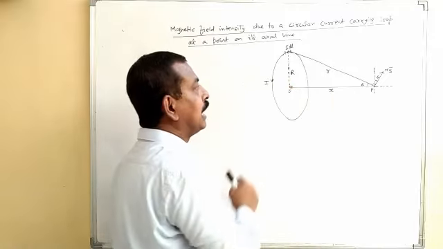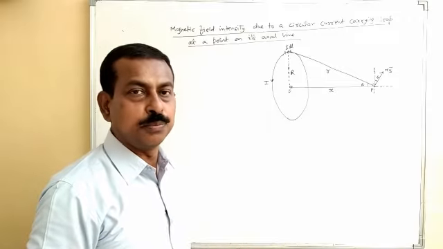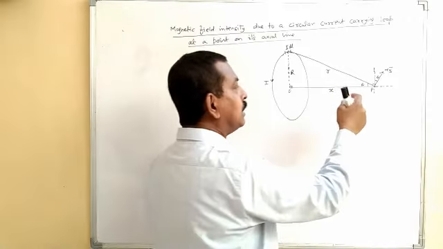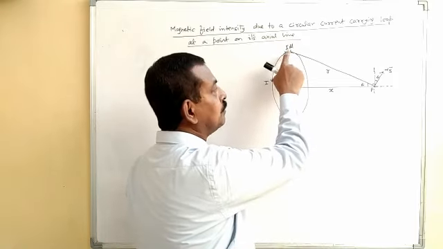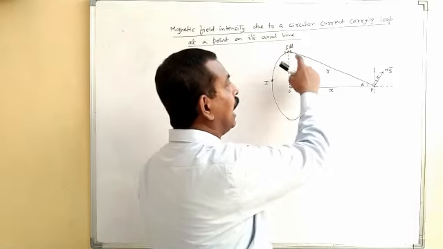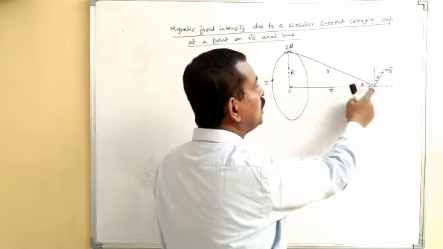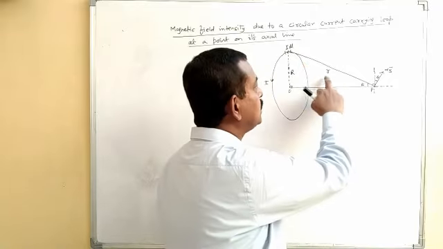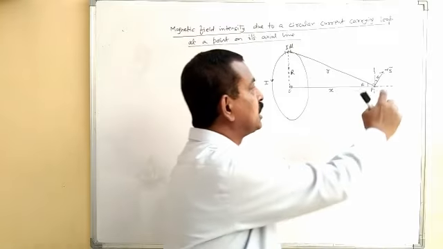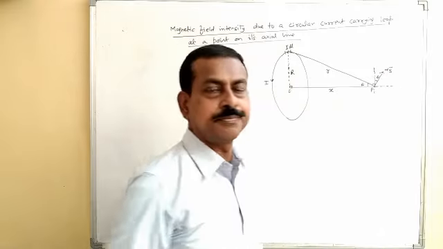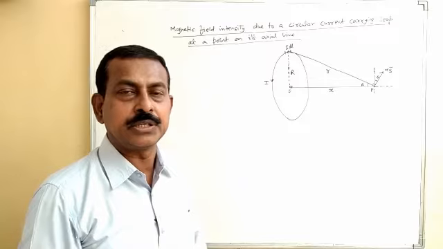Capital R we are taking as the radius of this loop, and let's consider one current element IDL. The distance of this current element to the observation point is a small r. Suppose this one produces magnetic field dB at the observation point.